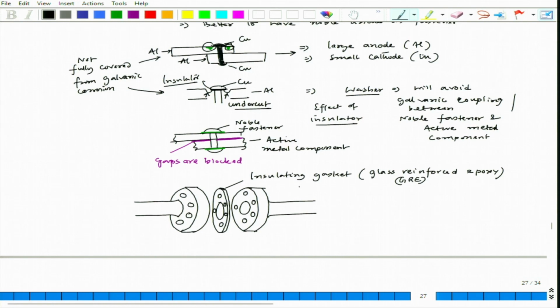So, let us say here we have a bolt, and then this is the design, this is the bolt, and we can have a washer here. And on the other end also the same design.